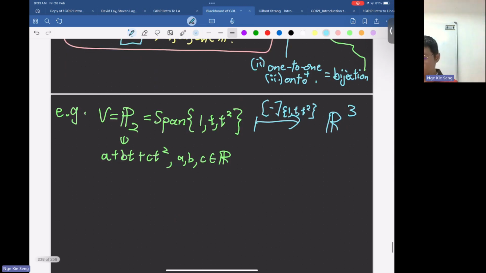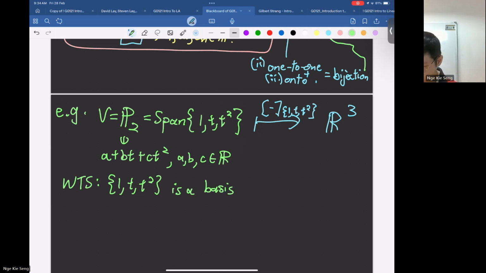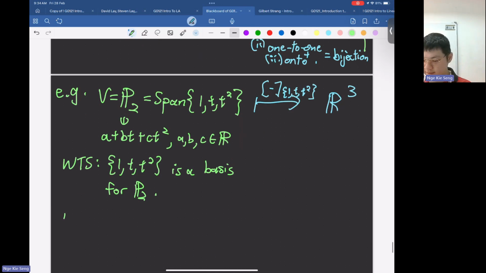We want to show that 1, t, t squared is a basis for P2. First, span is easy to check.